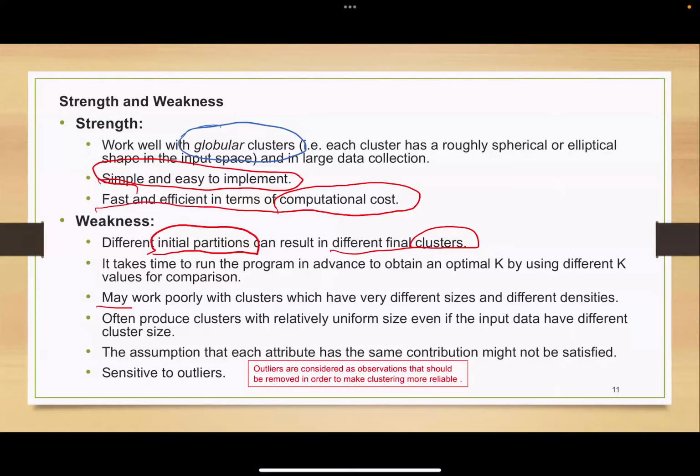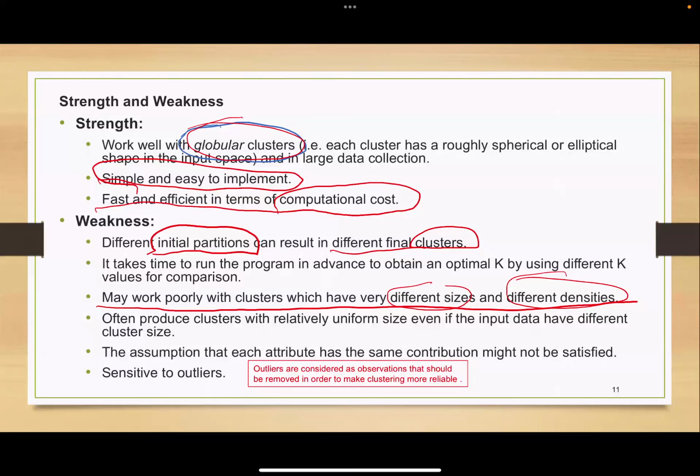Yeah. Here you also need to know that it works poorly with clusters which have very different sizes and different densities. So this is the opposite of globular clusters. So the clusters might have different sizes and different densities.